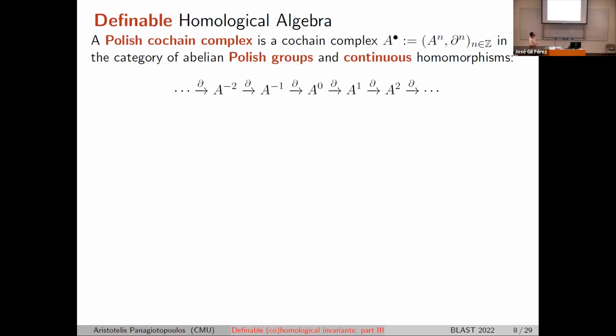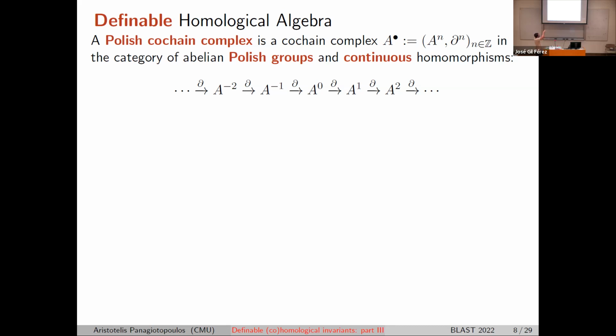And let me remind some definitions. So, let me be a little bit more general here. Generally, when you do homological algebra, you don't put zeros here necessarily. What is a cochain complex? It's just a sequence of homomorphisms here, because we are in the Polish context.